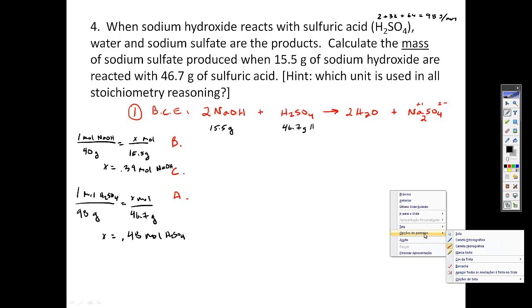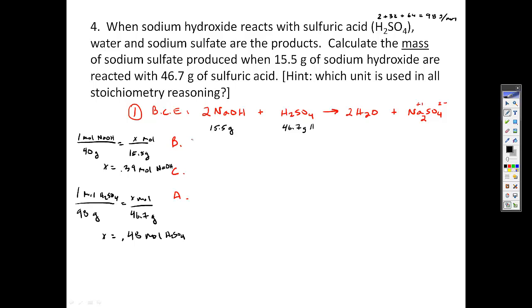Let's go ahead and do that. Let me get back to red here. So, sodium hydroxide, 0.39 moles. Sulfuric acid, 0.48 moles. Now the question is, which one of these is my limiting reactant? Well, let's ask that question again, assuming that we're going to react 0.39 moles of sodium hydroxide.